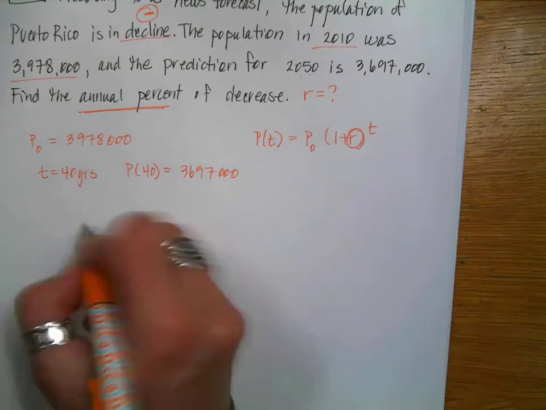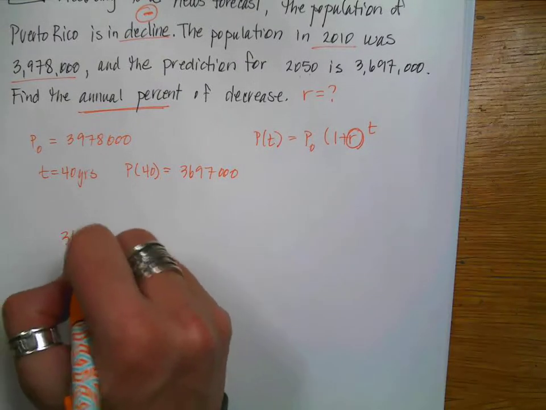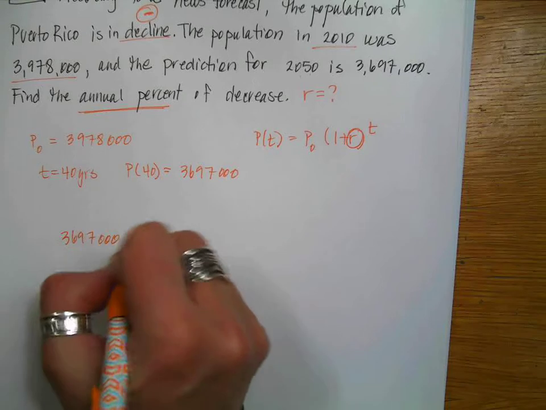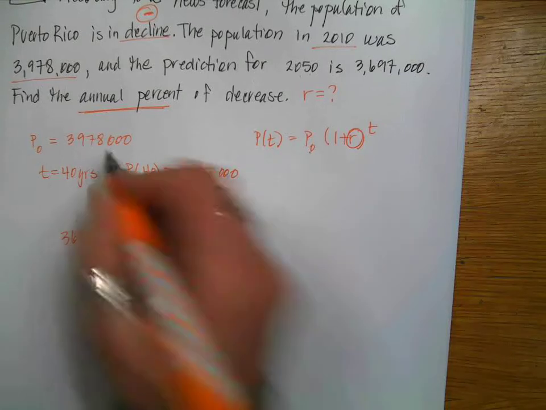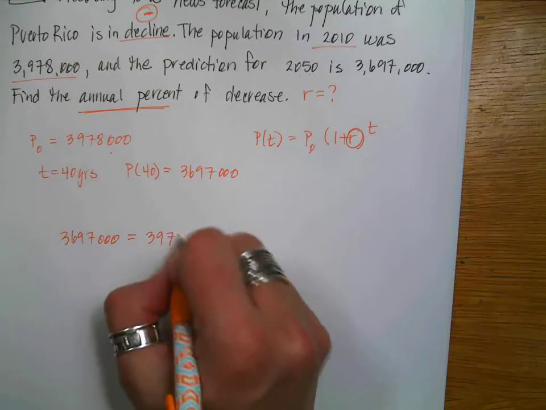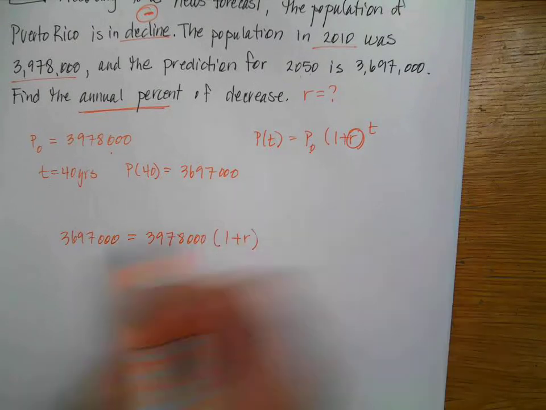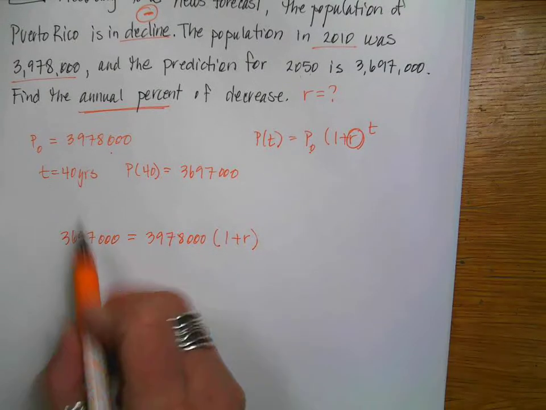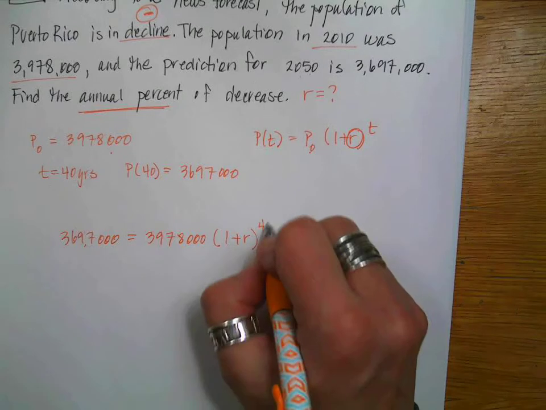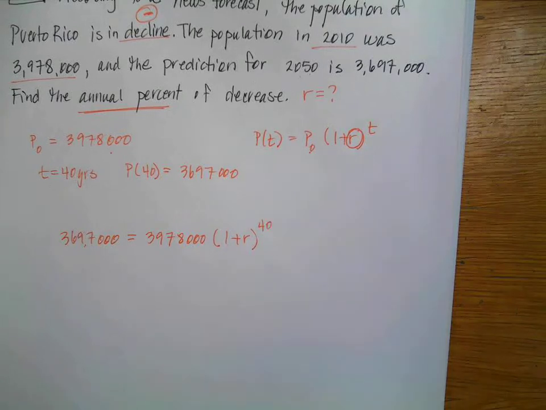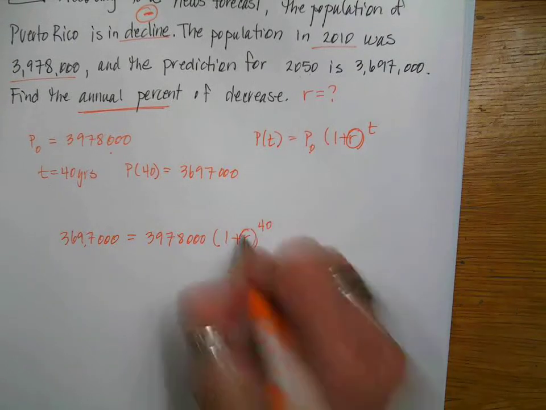They gave me an ending number, so I'm going to set up my equation as 3,697,123 is equal to my initial population, 3,978,123, times 1 plus r, and this number happened when we had 40 years, so I'm going to put a 40 up there.